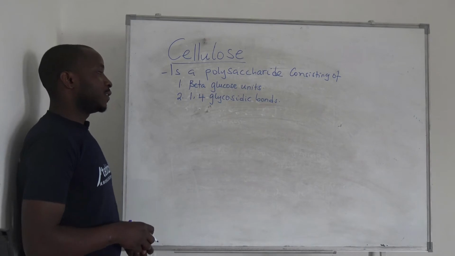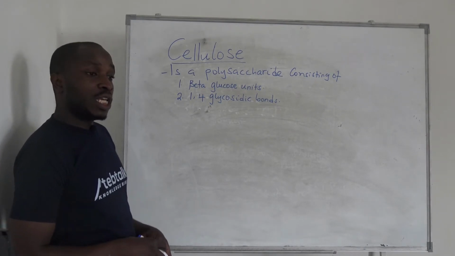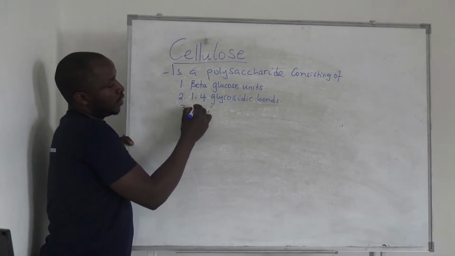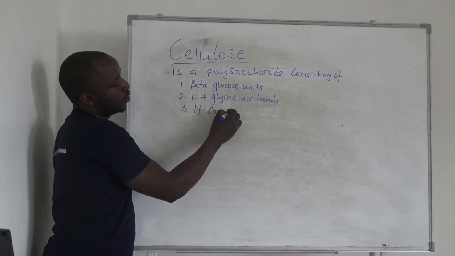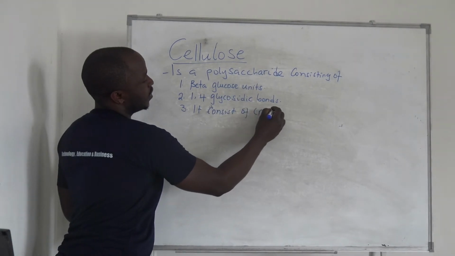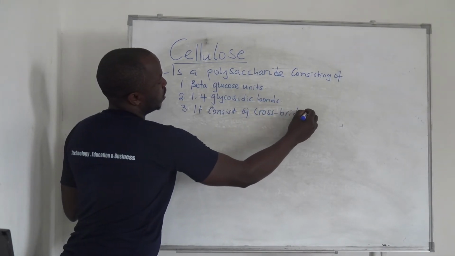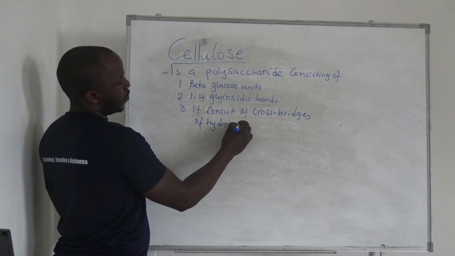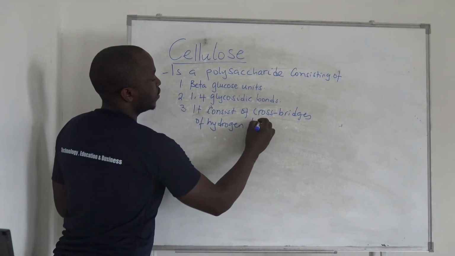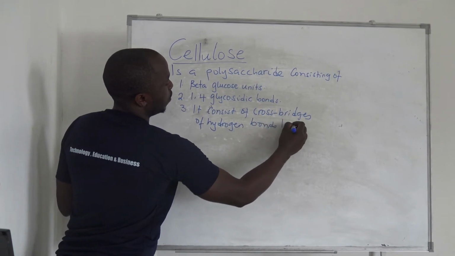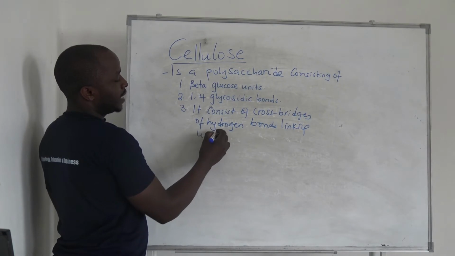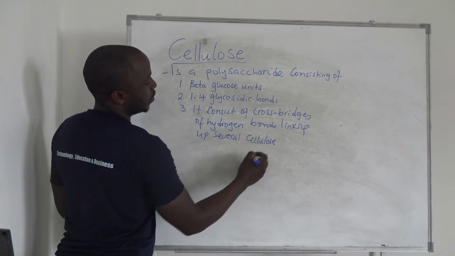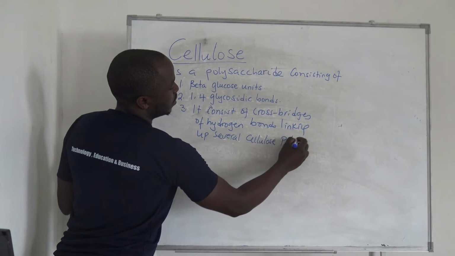Then cellulose is very, very unique in that it consists of cross bridges of hydrogen bonds linking up several cellulose polysaccharide chains.